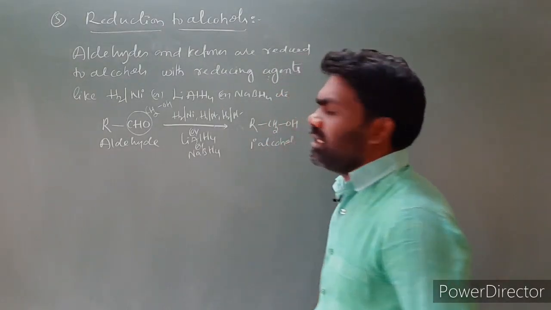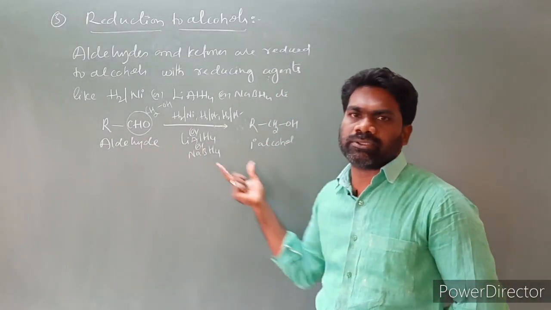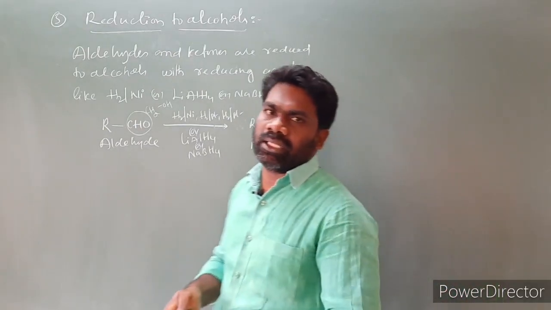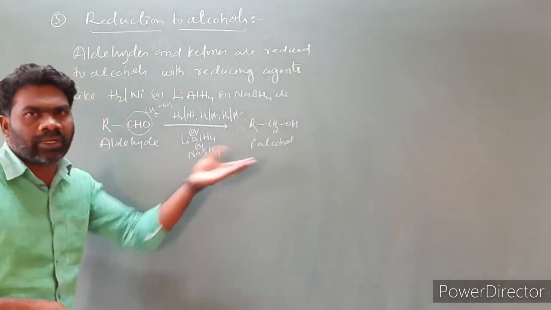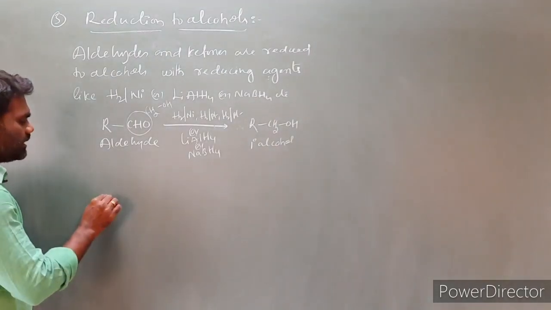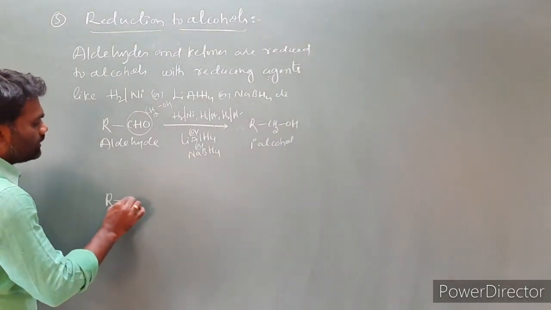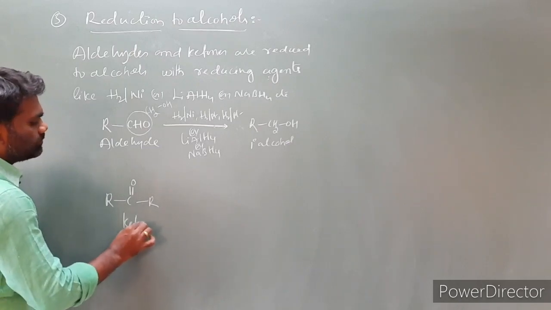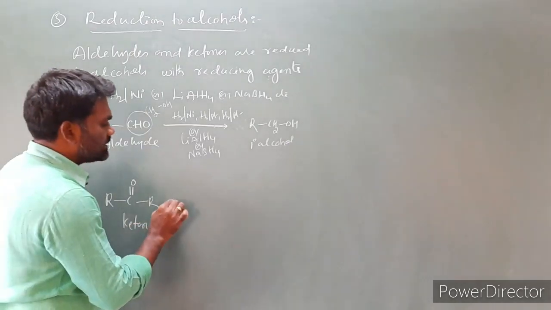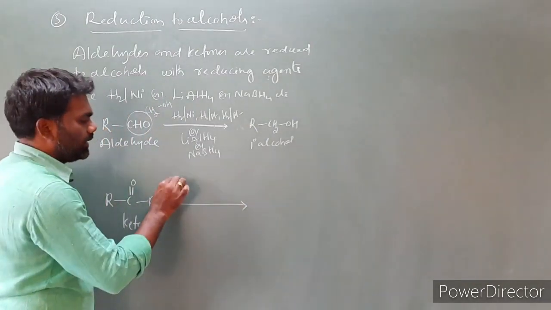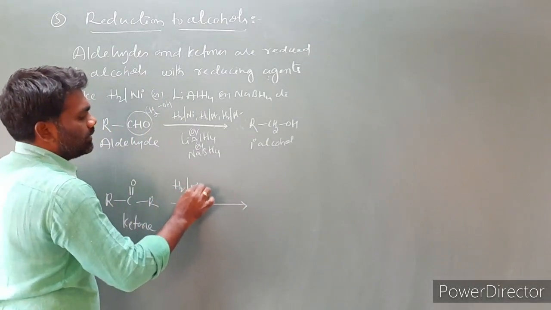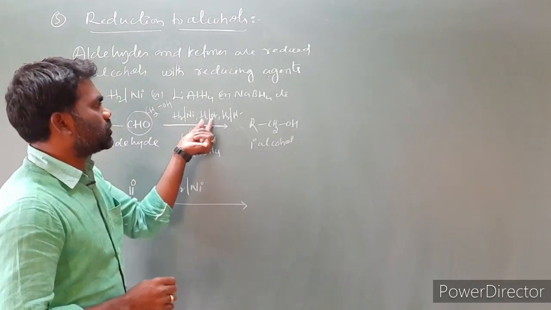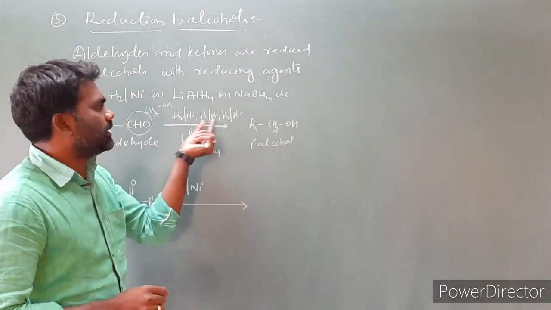Very important point: the reduction of aldehydes will give primary alcohols as the main product. Then I am taking a ketone, R-C(=O)-R. This ketone I am treating with H2 by Ni, or you can take H2 by Pt or H2 by Pd, anything you can take.